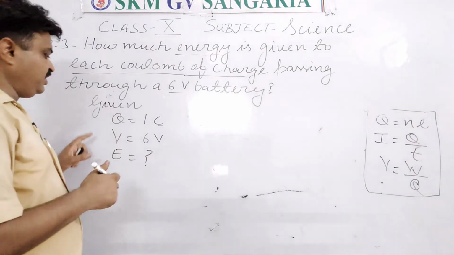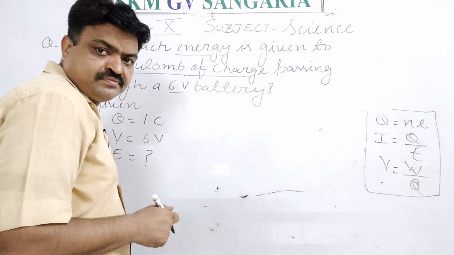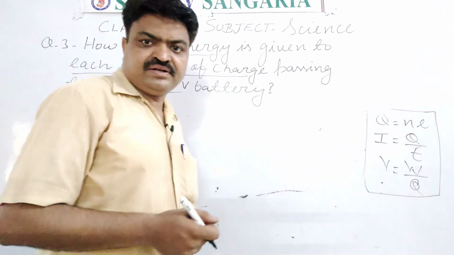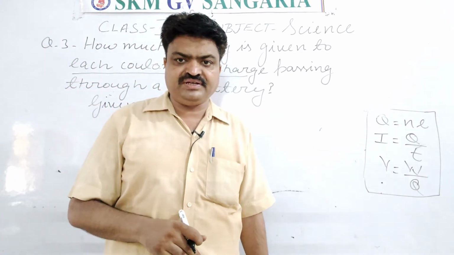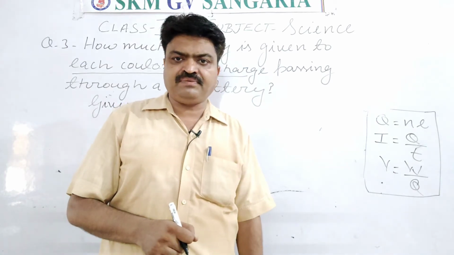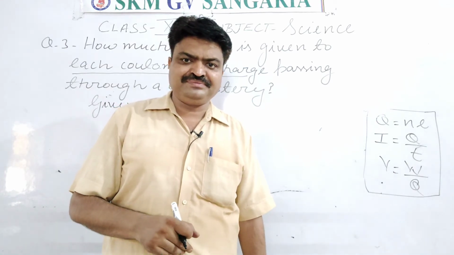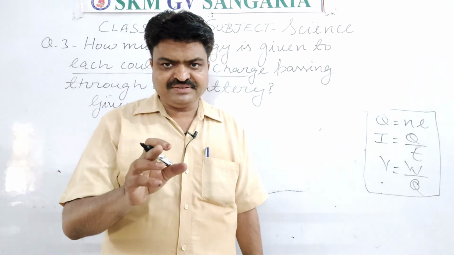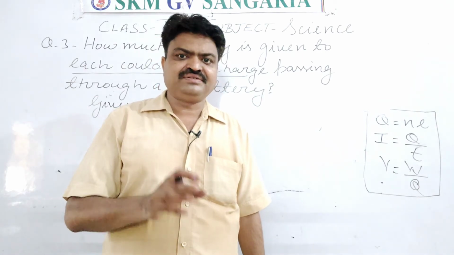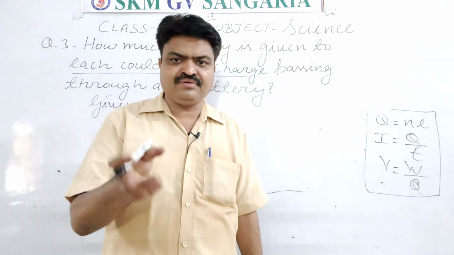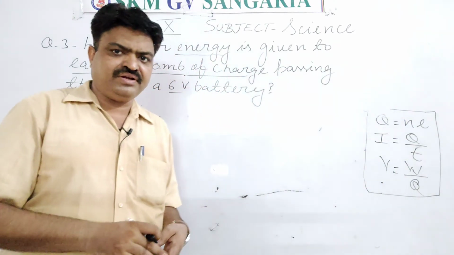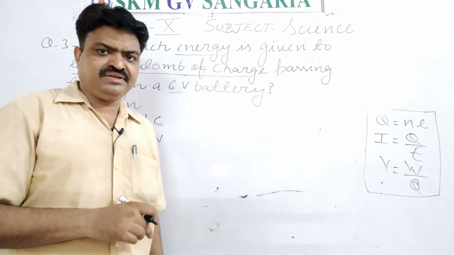So, which formula you will use here? The same formula of the definition of the electric potential you will use in this. What is the definition of electric potential, student? Tell me. Yes, you are right. The work per unit charge through a conductor is known as electric potential.